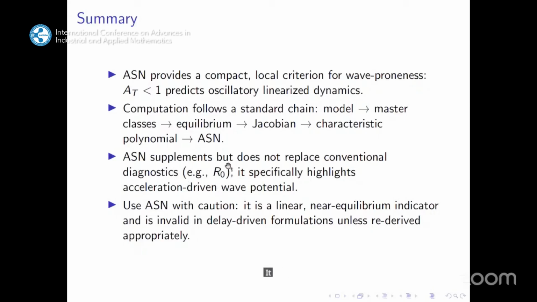It specifically highlights acceleration-driven wave potential. So you need to use this strength number with caution because it is a linear equilibrium indicator, and it is invalid in a delay-driven formulation unless re-derived appropriately.